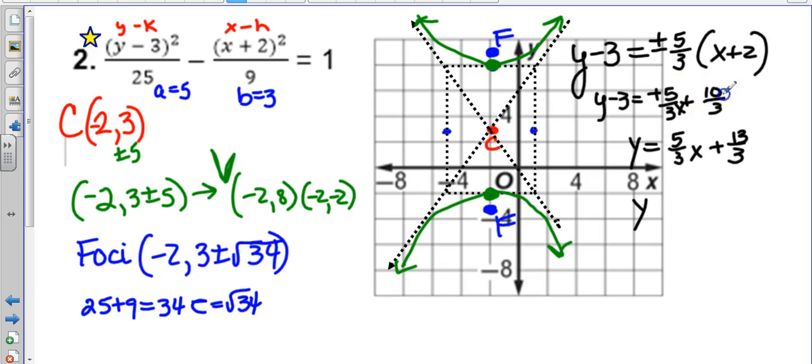No, 19/3. See, I can't even do it right. It means you'll probably be better at it than me. -5/3 minus 10/3 plus 3. I don't know. I think that's right. I don't want to do all that. Okay?